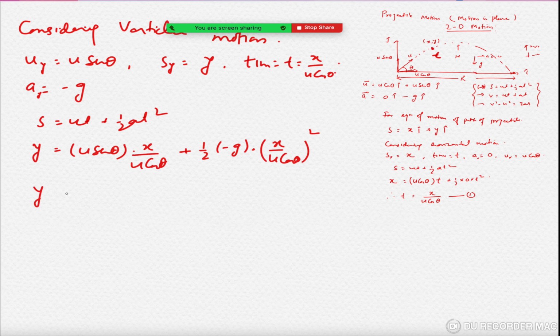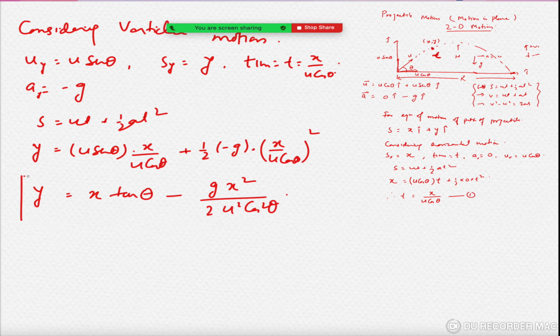So it gives you y is equal to x tan theta minus g x square by 2 u square cos square theta. Okay, this is y. Fine.